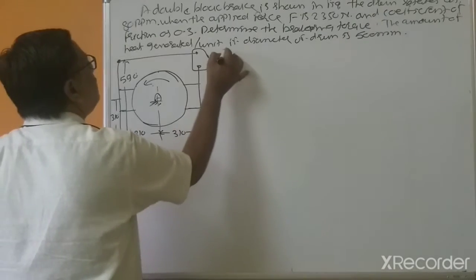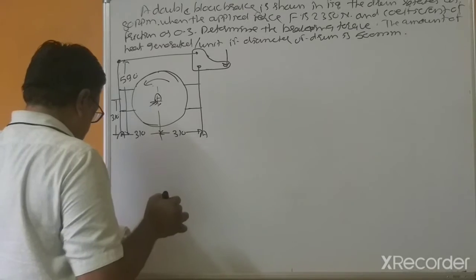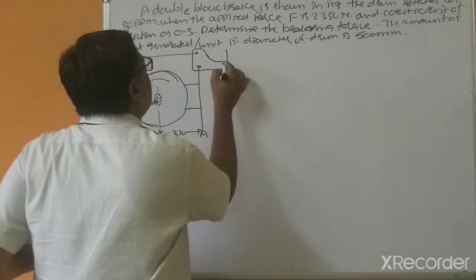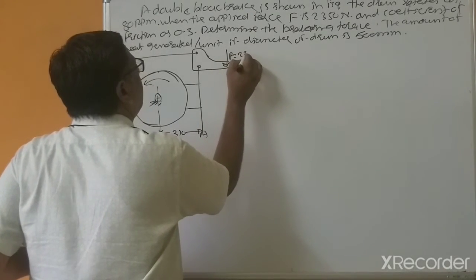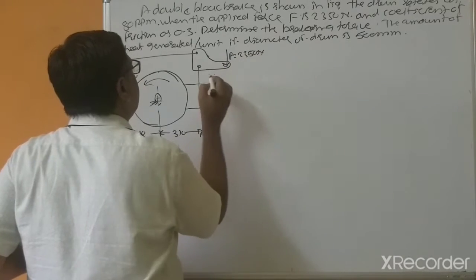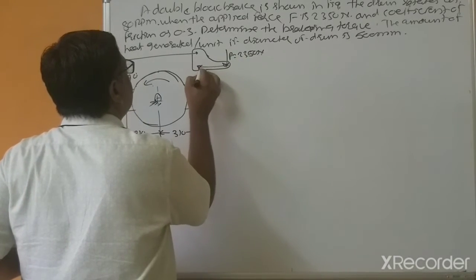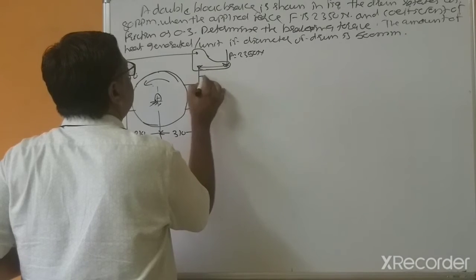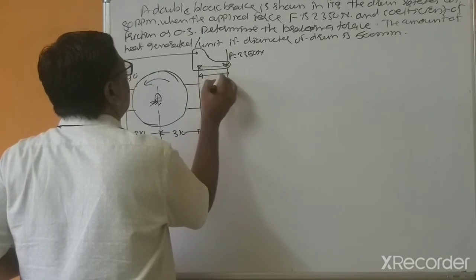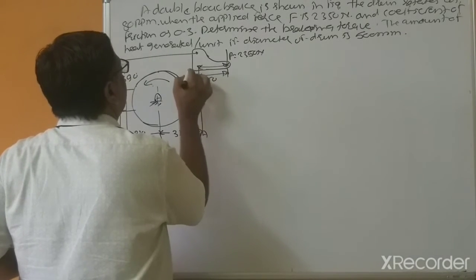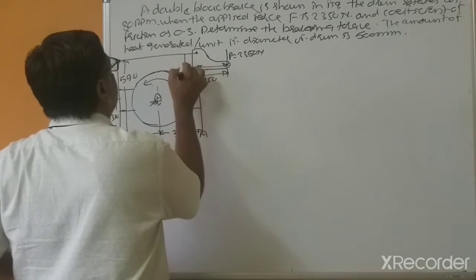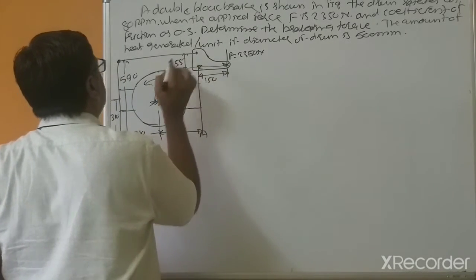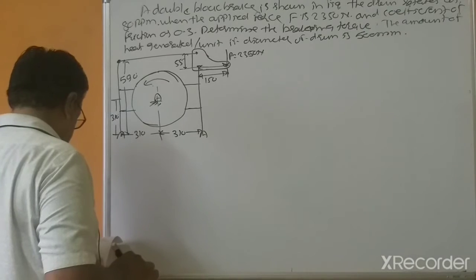So that's why, here this is the force acting, and this force P is equal to 2350 Newton. This distance is equal to 150, and this distance is equal to 55.